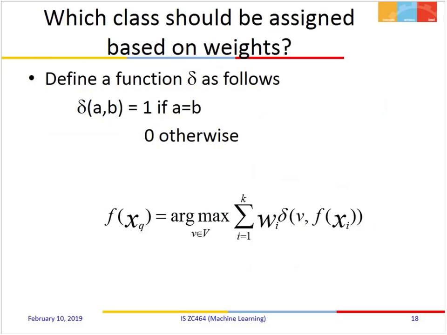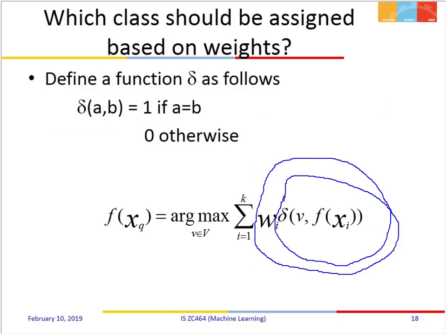So now again we are defining the similar thing, but instead of just having delta v, f of xi as we were having earlier, we are also computing this entire thing with the multiple of w.